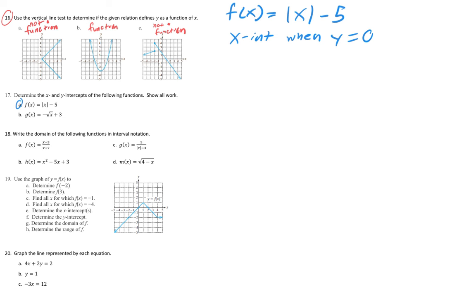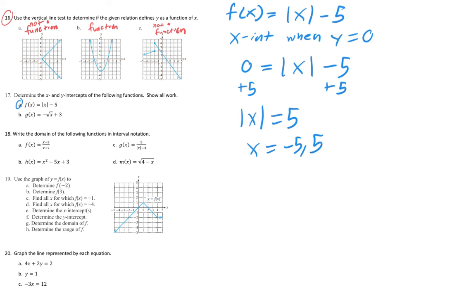In this case f of x is equal to y. So we're going to plug 0 in here, do the absolute value of x minus 5, and add 5 on both sides. So the absolute value of x needs to be equal to 5, meaning that x can be negative 5 or positive 5, right? So our points are going to be negative 5, 0, and 5, 0 for our x-intercepts.